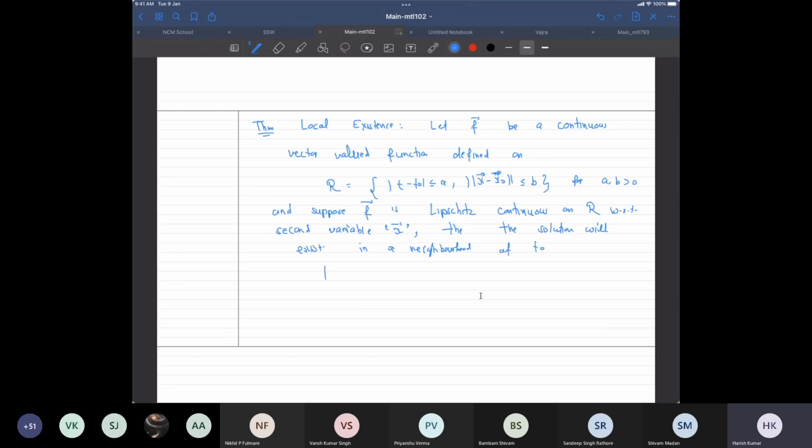And what is that neighborhood? It's exactly absolute value of t minus t naught less than or equal to h. h is basically the minimum of a, b by M. What is M? M is basically the maximum on R of the norm of the function f of t comma x.